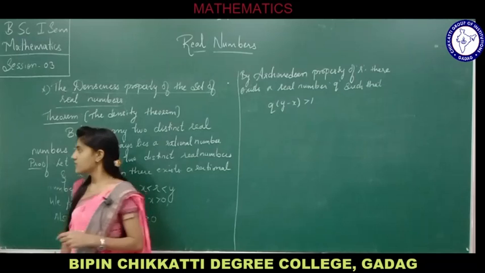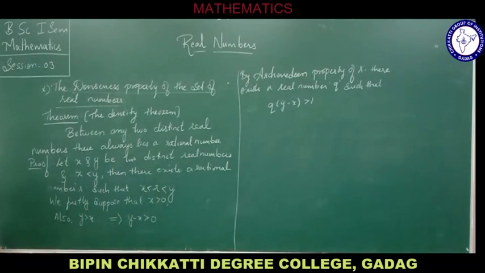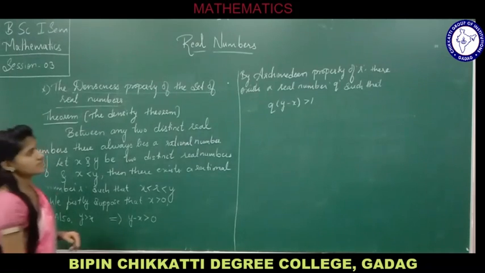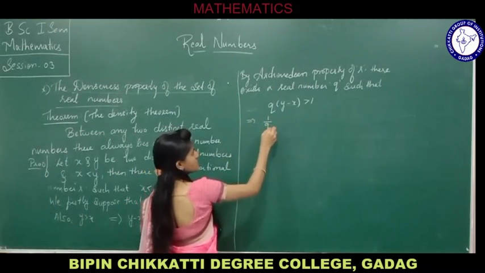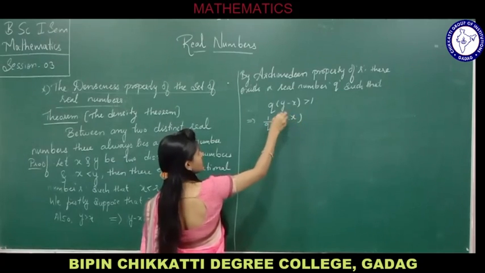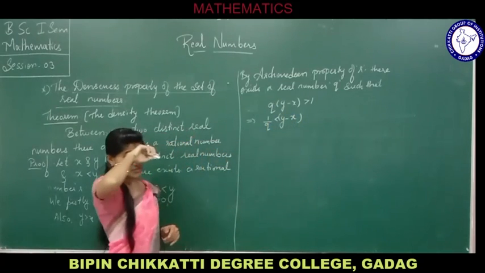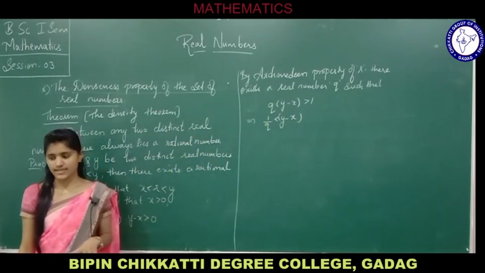What we considered is that by the Archimedean property, q into (y minus x) is greater than 1. This implies that 1 over q is going to be less than y minus x.